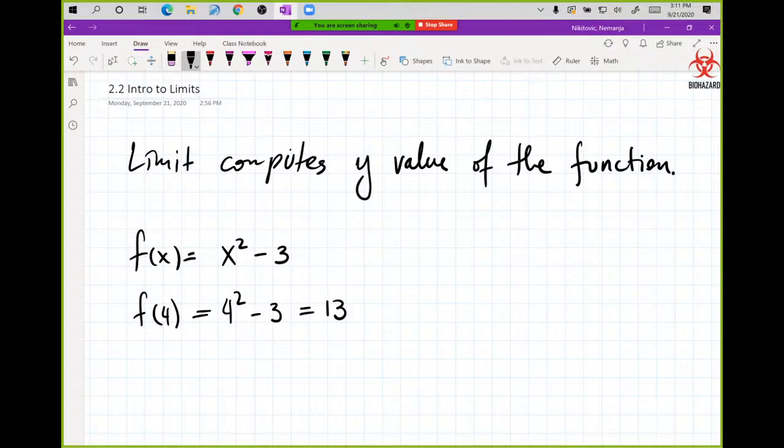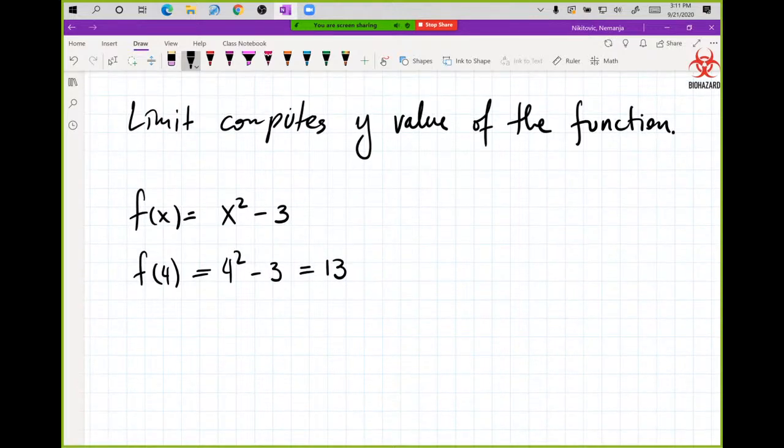And if the limit computes the y value of the function, you would actually write limit of x squared minus 3 as x goes to 4, in this case, is also going to be 13.